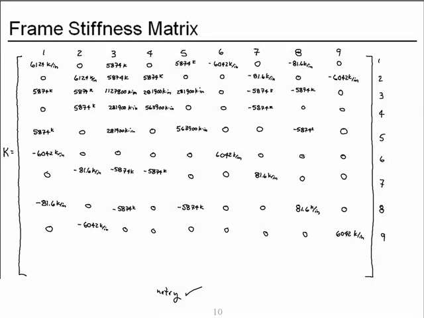The remaining coefficients all came from just one member stiffness matrix, or were 0 because the degrees of freedom were not connected by a single structural member.